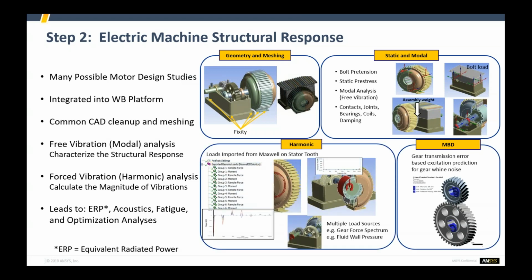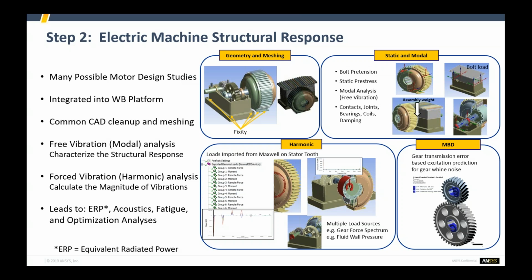So we talked about how we go from step 1 in Maxwell to step 2 in structural. Now we get into step 2. The second step is to design and analyze the structural response of the system. These analyses can include modal free vibration simulations to determine the resonant frequencies, coupling, and mode shapes.